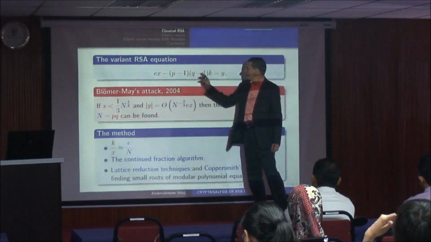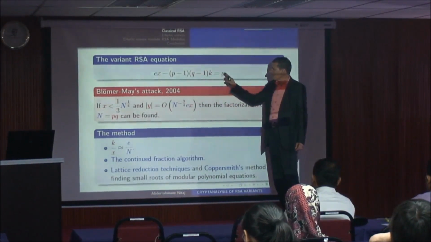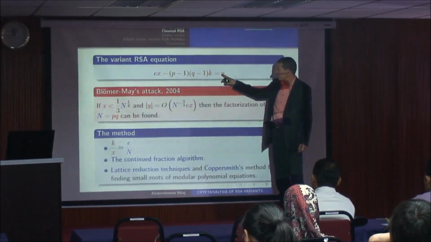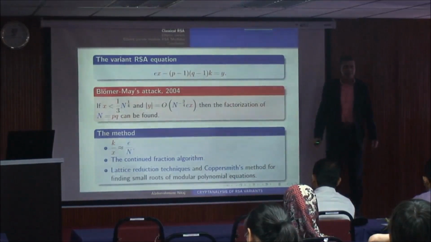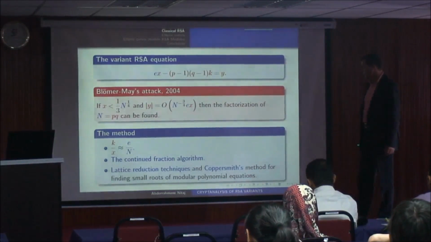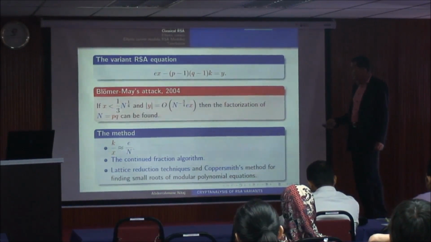If we find x and k, we can find the other parameters in this equation, mainly y, p, and q, by applying Coppersmith's method. Also, Coppersmith's method is based on the LLL algorithm.